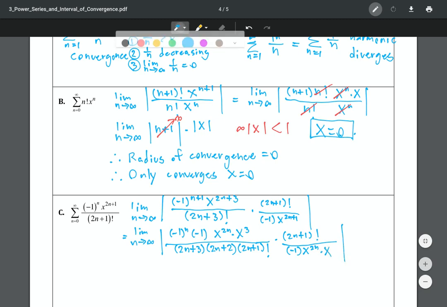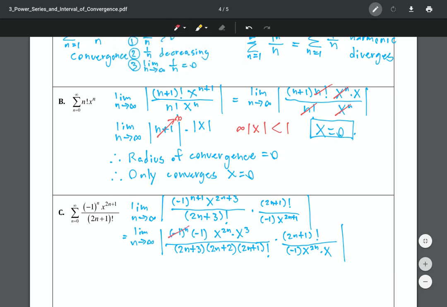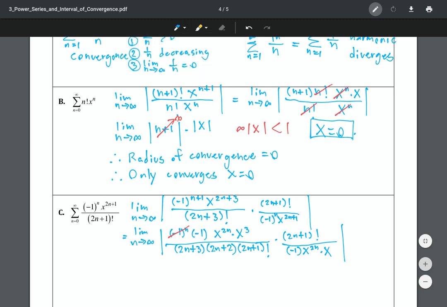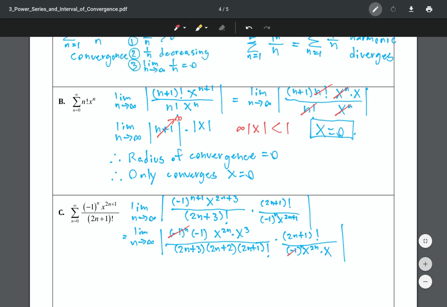Hopefully you can see what I did there. I'm just splitting everything up. Now, this right here is going to cancel with something. Did I leave something out? Yep, I left this n right here. So now this will definitely cancel with this. This will cancel with this. This will cancel with this.